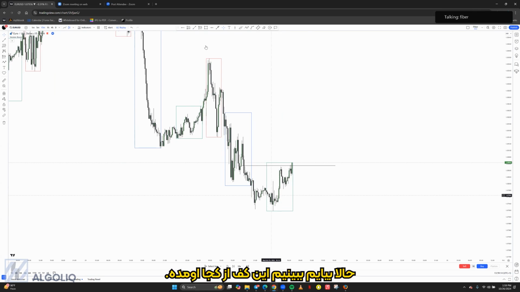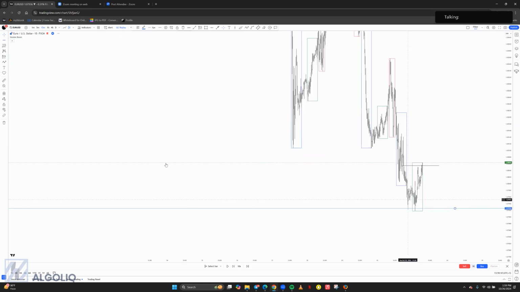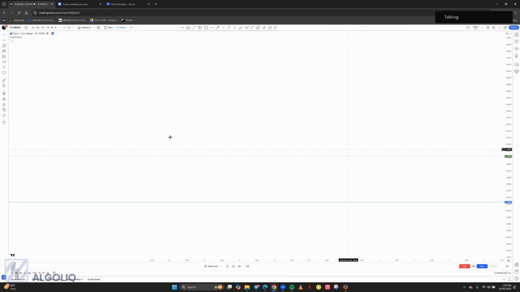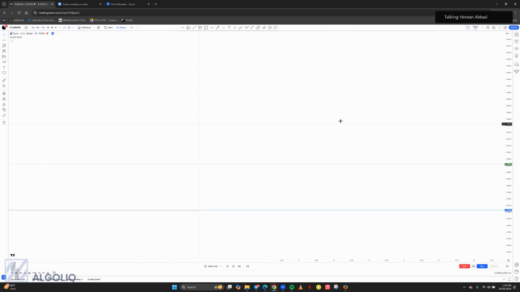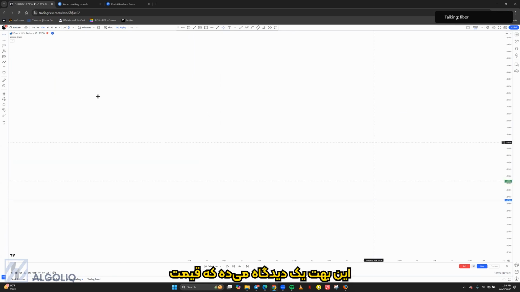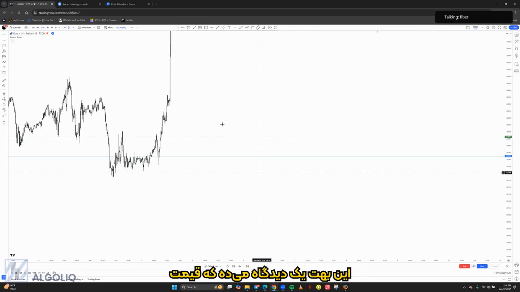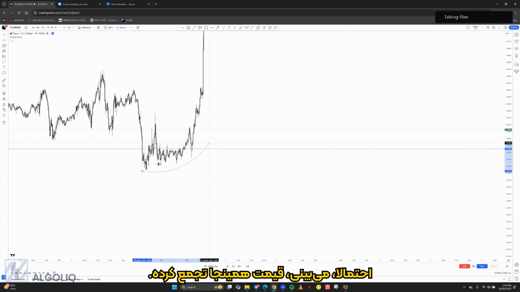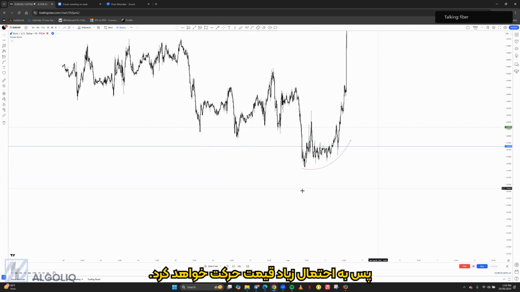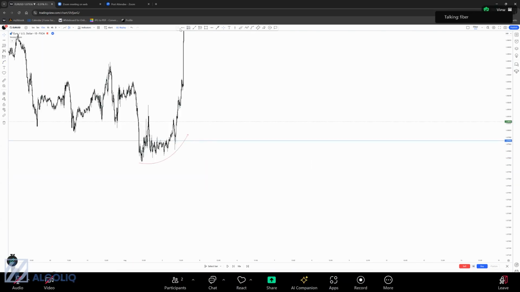All right, now let's check where this low is coming from. All right, so it's going to give you a bias that price is likely, you see, price build up right here. So most likely price is going to clear this low.